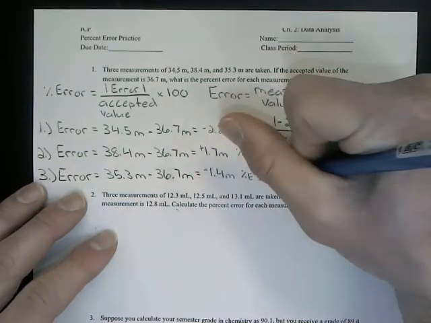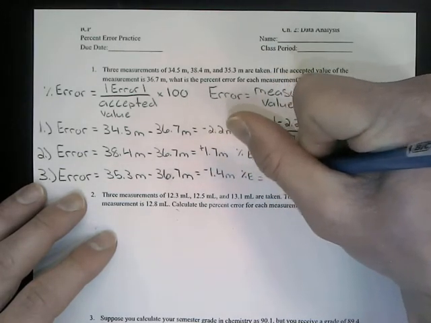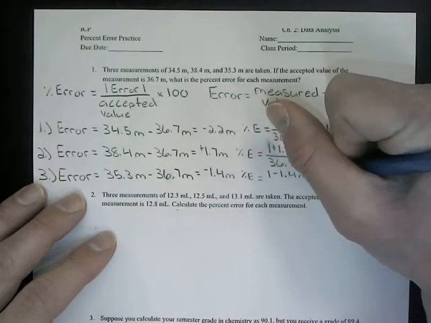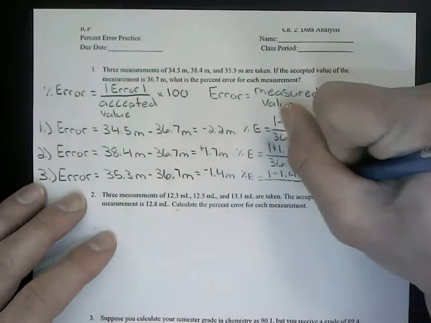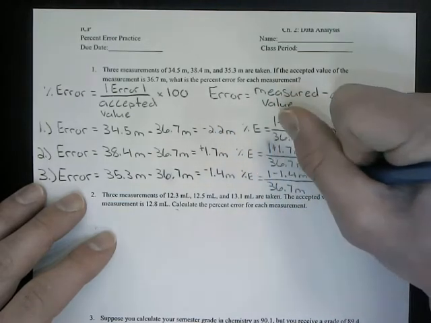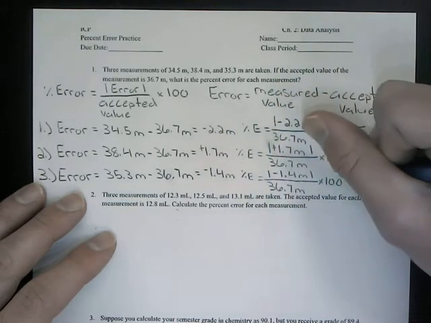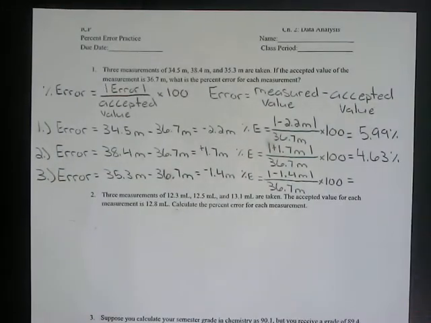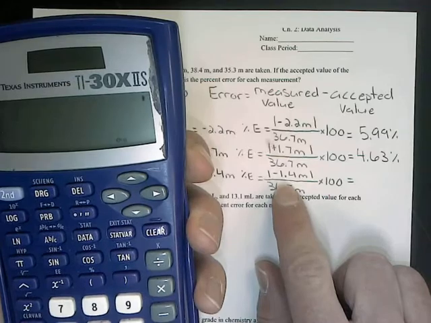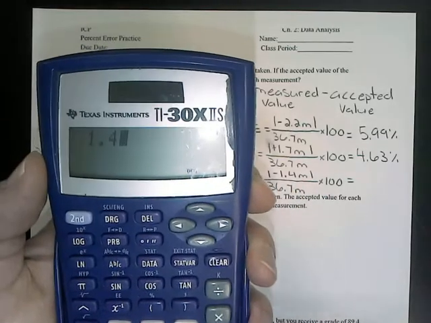So our percent error here is the absolute value of negative 1.4, which is positive, divided by the accepted value, which is 36.7 meters, times 100. Okay, so again, the absolute value of negative 1.4 is just a positive 1.4.